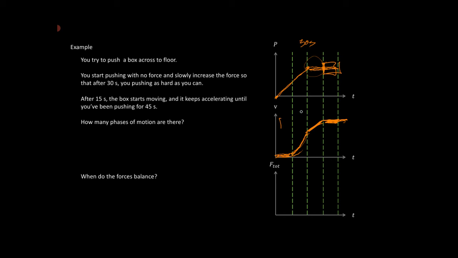So basically we have 1, 2, 3, 4 phases of motion, right? The first one is your push doesn't move the box. The second one is push increasing.